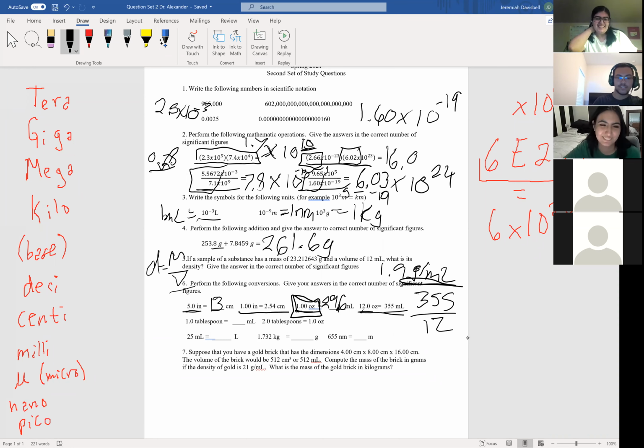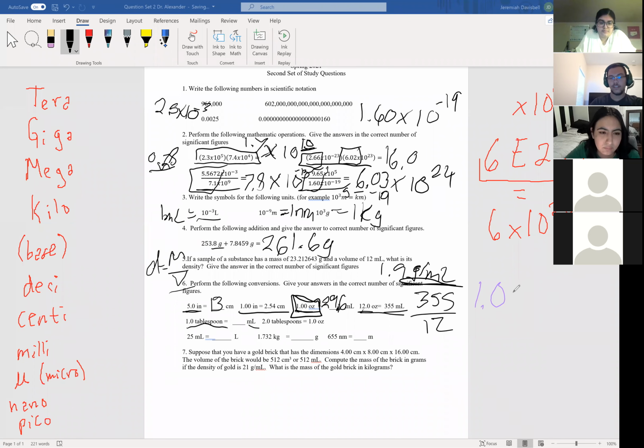But yeah, so we're converting 1 tablespoon to milliliters. So how would we be able to do that? Can we use our answer from the previous one? So 1 ounce is 29.6 milliliters. So would we just do 29.6 times, never mind, I kind of lost my thought.